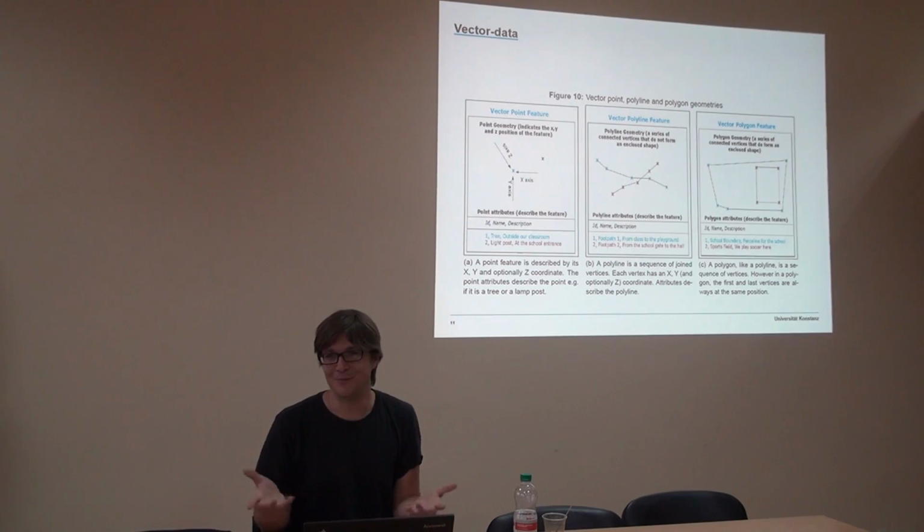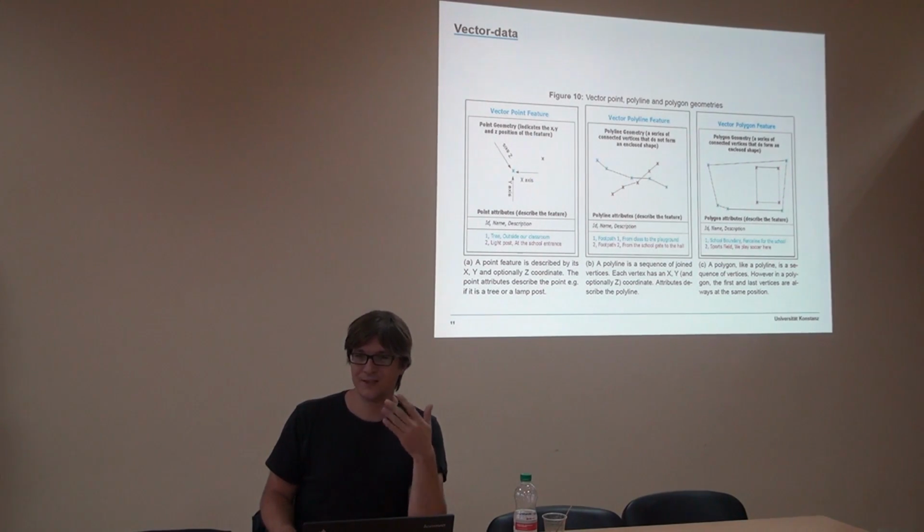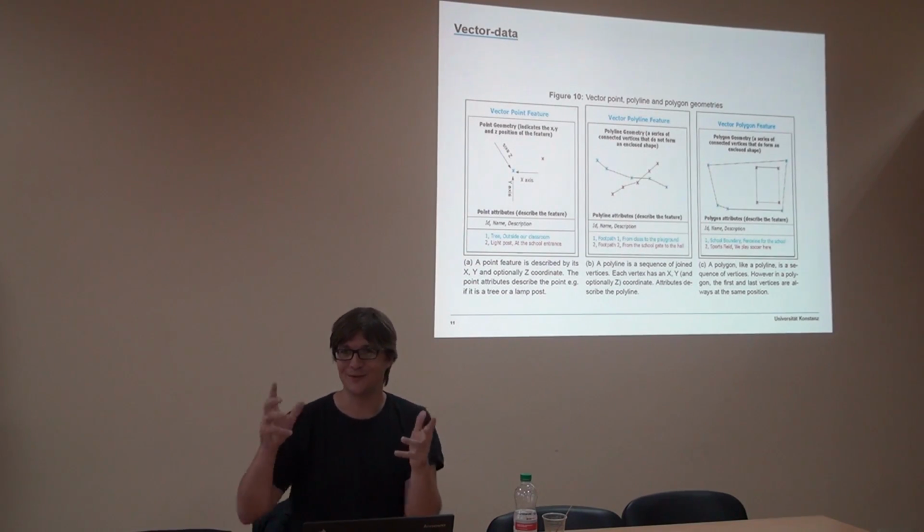Yeah, it's also a mathematical definition, but this is also how the data is stored and how you can generate these different units. So if you draw your own neighborhoods, you have to draw it by a sum of points, and the last point and the first point is the same.